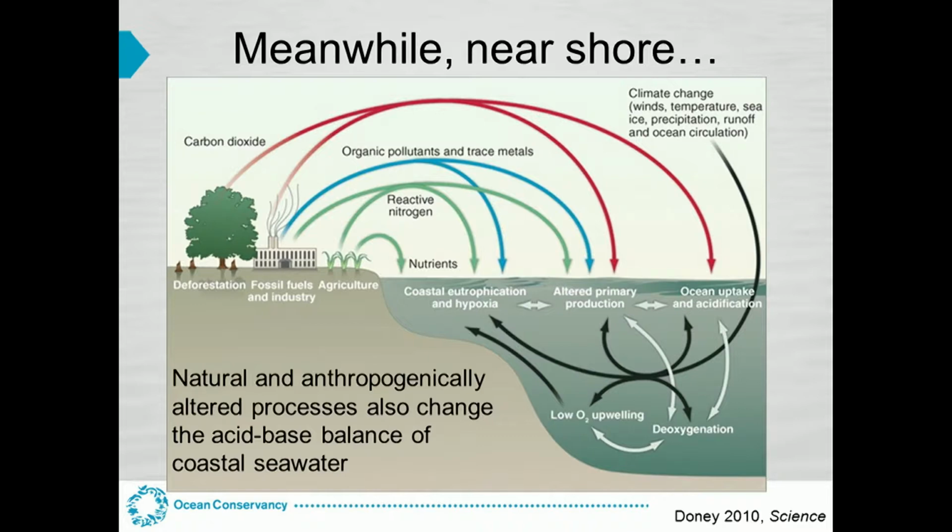So you can see that in the coastal region, we have a very complex system. In addition to straight up carbon dioxide entering the ocean, we also have mass amounts of recycling happening. And so lately, the scientific conversation has been focusing more on coastal acidification as well.